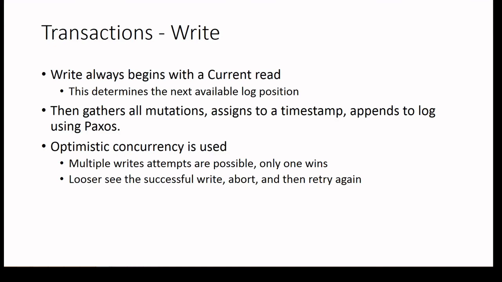If you're doing more writes than that, then what you need to do is group it all into batches and send multiple batches of writes. A batch is just multiple writes written into a single file. You can imagine taking multiple writes and putting them into a zip folder and sending that whole thing across. So that's another possible shortcoming of Megastore: it doesn't handle multiple writes very well because it uses this optimistic concurrency.